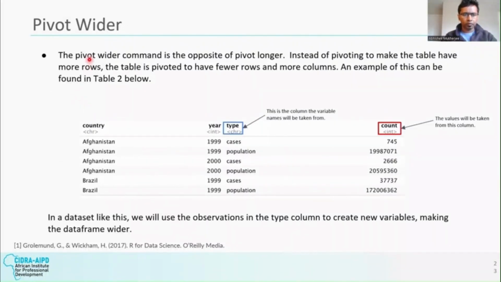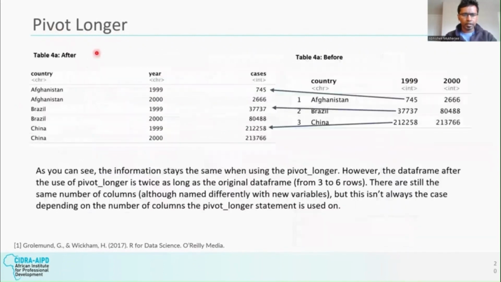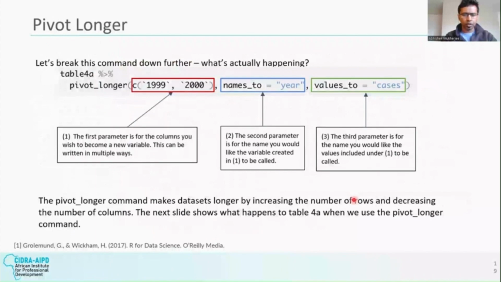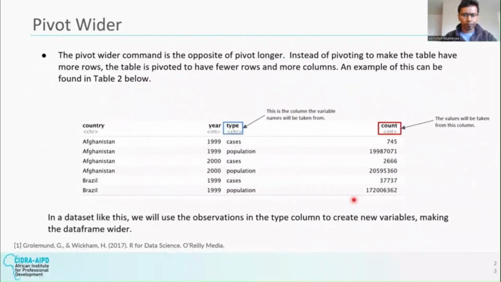The next transformation function that we need to know is the pivot wider function, and this is essentially used when we are dealing with the problem in a non-tidy data set where one observation might be spread across multiple rows. So here in this table 2 example, we can see that this column called type had two values within it, like cases and population.